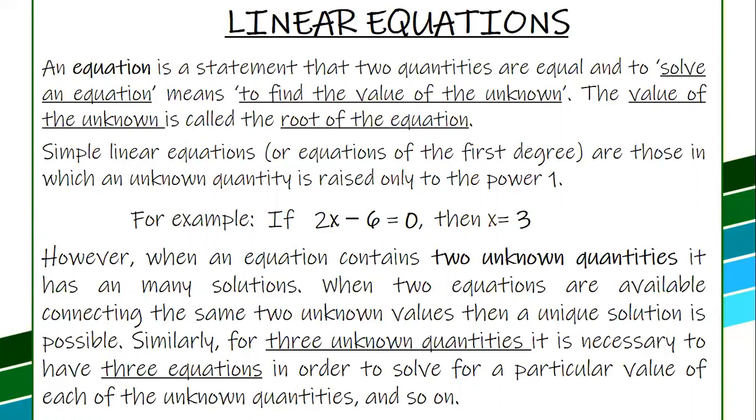So kung nakay duha ka unknowns, and then you also have two equations, unique solution. Similarly, for three unknown quantities, it is necessary to have three equations in order to solve for a particular value of each of the unknown quantities, and so on.